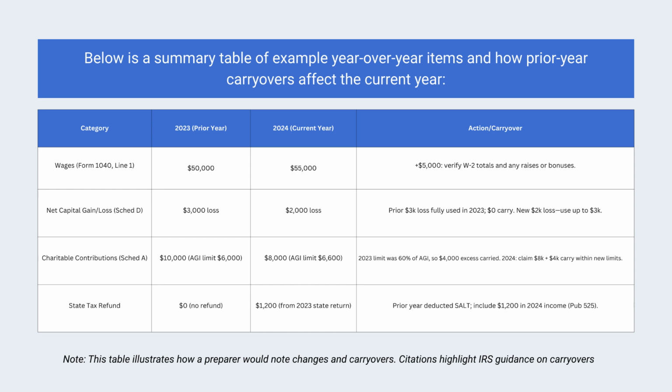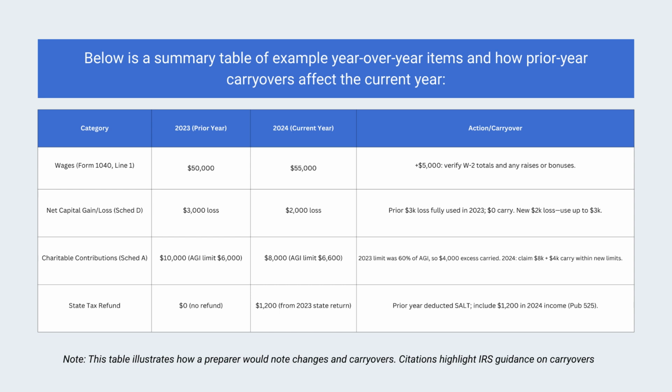Row 3. Charitable contributions, Schedule A. This one's a bit more nuanced. In 2023, the taxpayer donated $10,000 to qualified charities, but their AGI limit only allowed them to deduct $6,000. That means $4,000 had to be carried forward. In 2024, they donate again, this time $8,000, and the new AGI limit is $6,600.